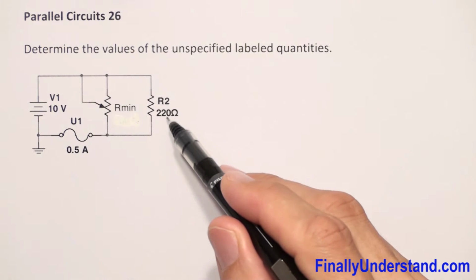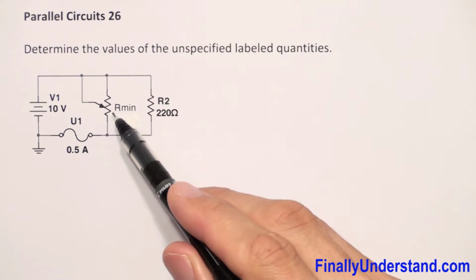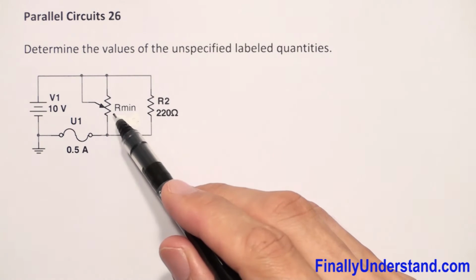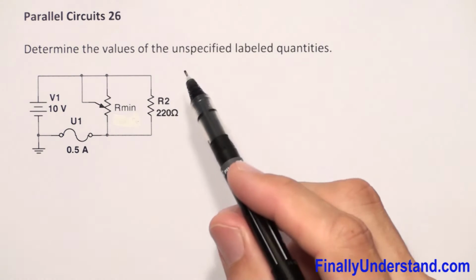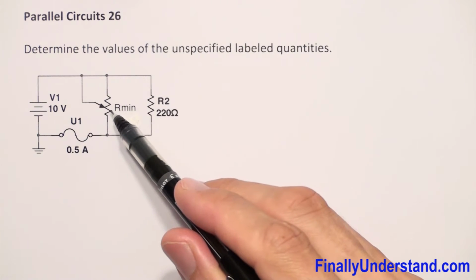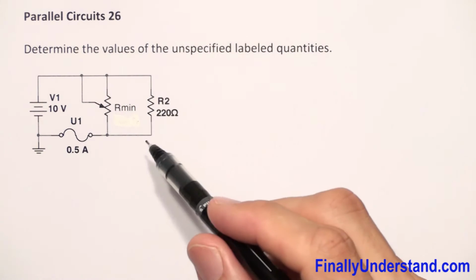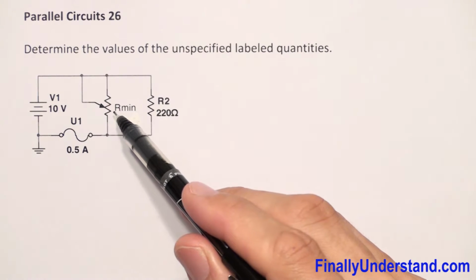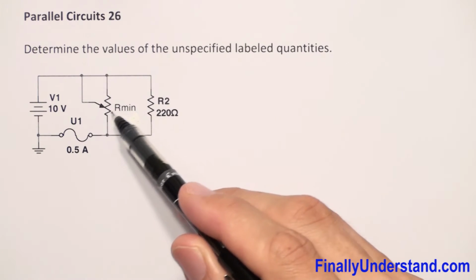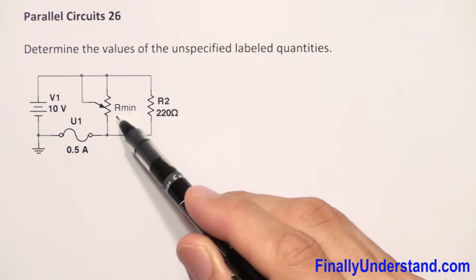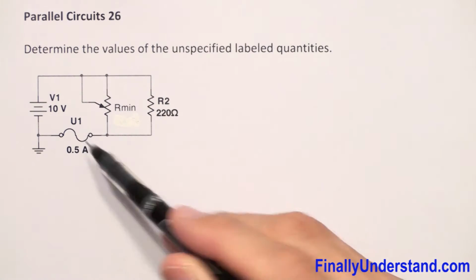And we have R2 given, and we have a variable resistor, which has to be adjusted to the value which is going to make the system not burn the fuse.